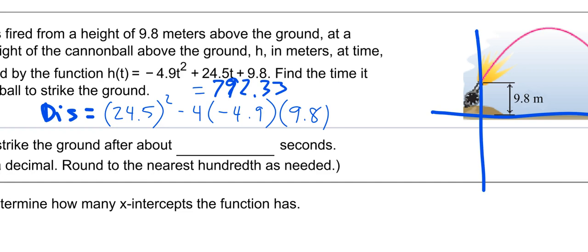So the insert feature makes sure that I don't have to type all that stuff out. And then I would probably do 2 times negative 4.9 in the interval again. So this will give you one of your solutions. Then you repeat this process and change that solution. There's really only 2 steps on your calculator.